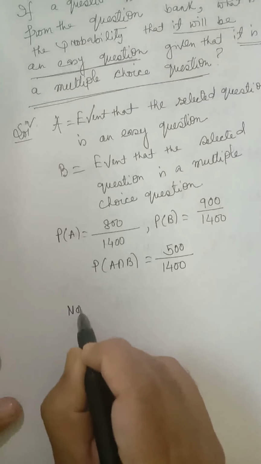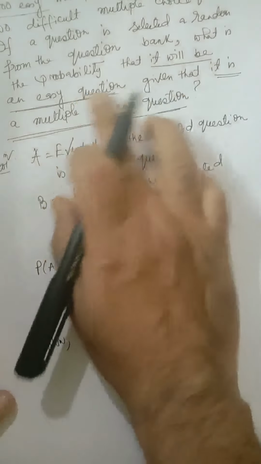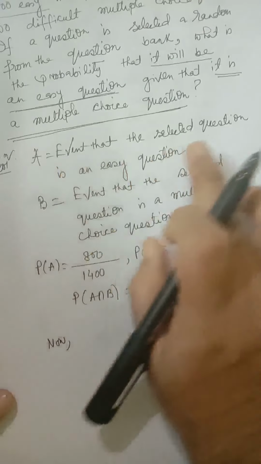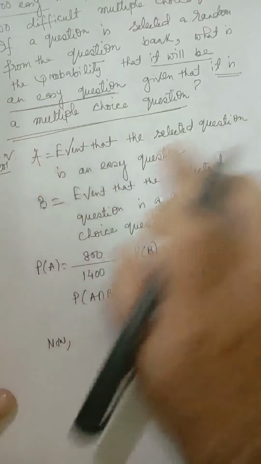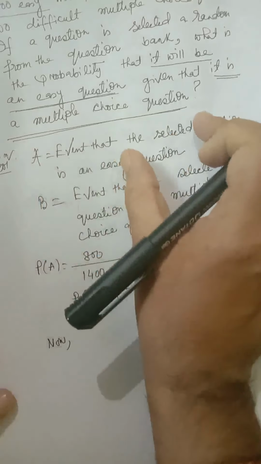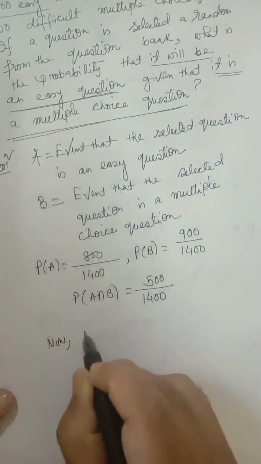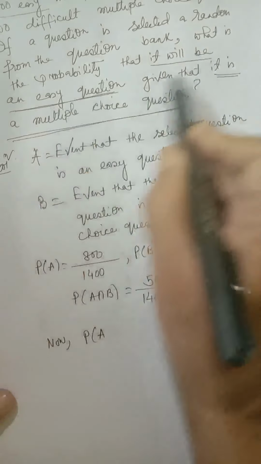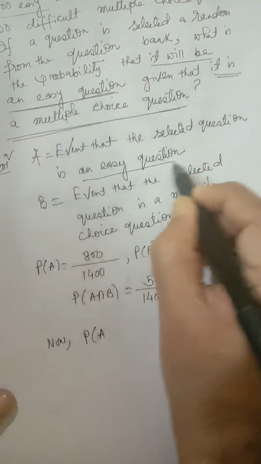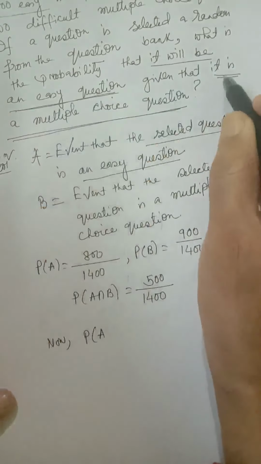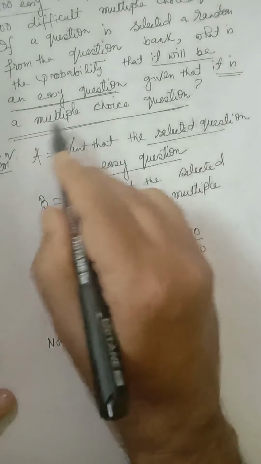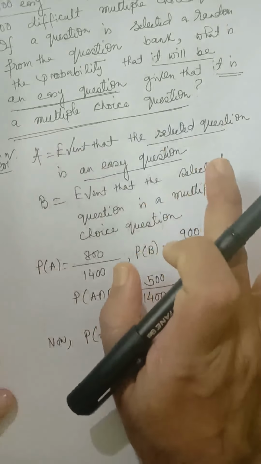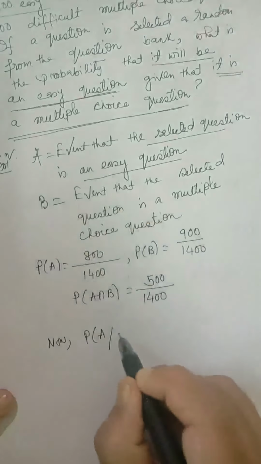Now what we have to find? We have to find the probability that it will be an easy question. We have denoted this event by A, so we have to find the probability of A, given that it is a multiple choice question, and we have denoted the event of selecting a multiple choice question by B, so it is P(A|B).